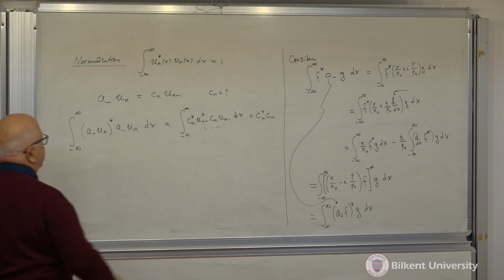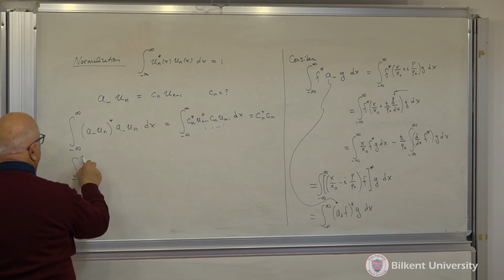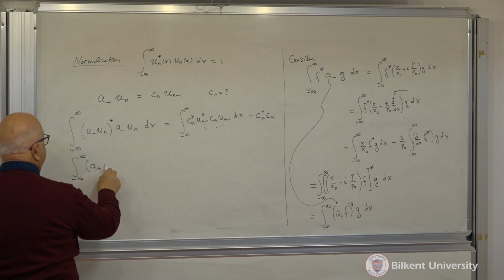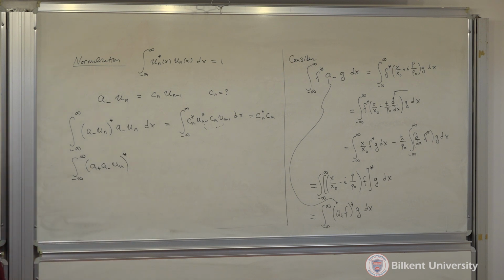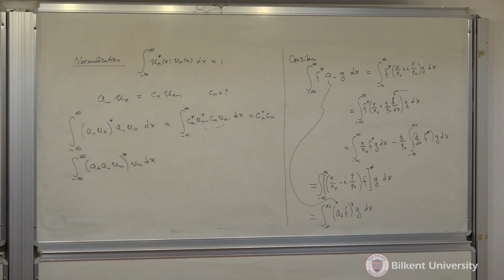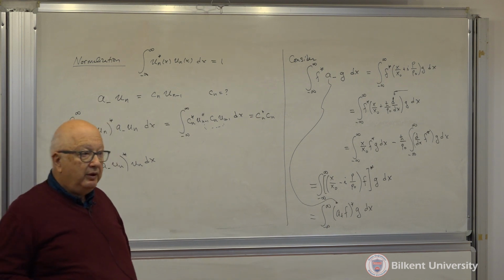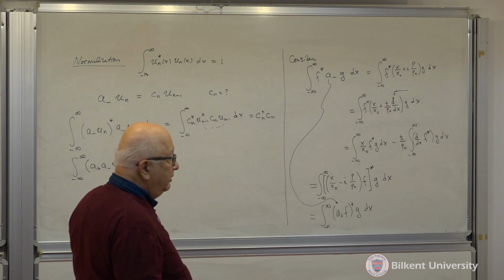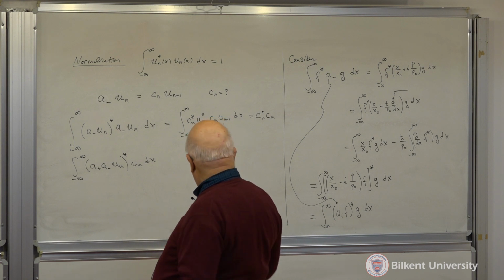We are working on the left-hand side, and we are going to get the integral minus infinity to infinity of a plus a minus un star times un dx. What is this a plus a minus now? It's part of the Hamiltonian. And what does that give me?